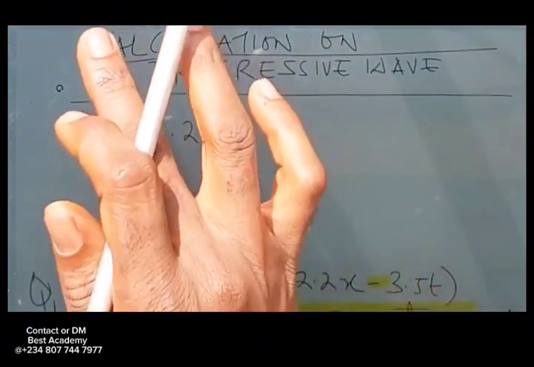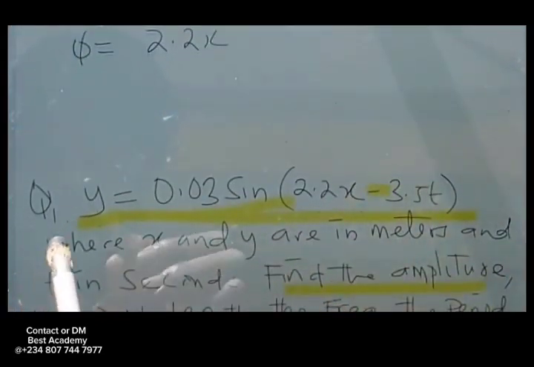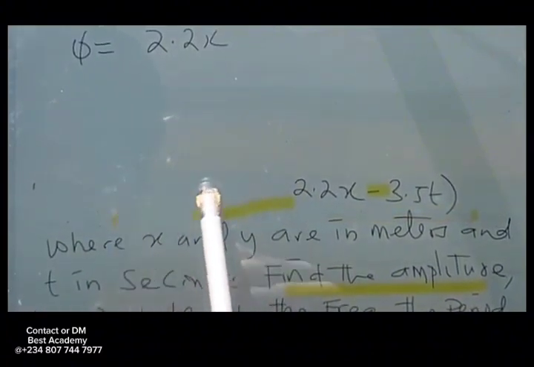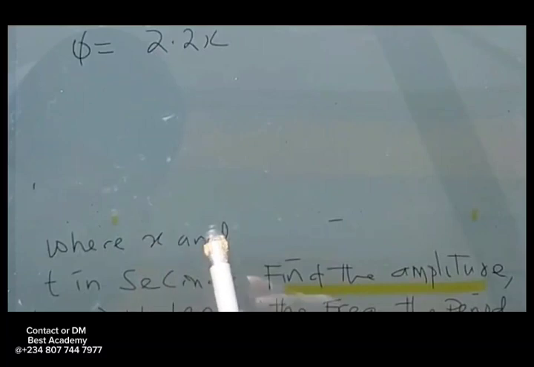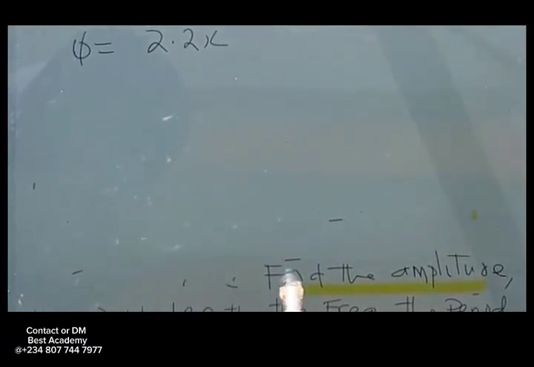This is the first thing you have to do before calculating what you are asked to calculate. That means you first of all compare the standard progressive wave equation to the given progressive wave equation. After that, you can now calculate what you are asked to calculate.